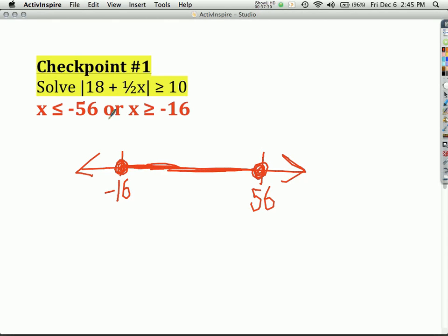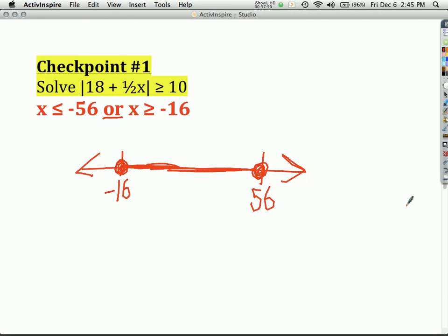But which way is an OR inequality supposed to be shaded? Yeah. Outsides. So something is not right here. Something went wrong. An OR will be shaded over here and over here, not in the middle. This is an AND. So something's wrong here.